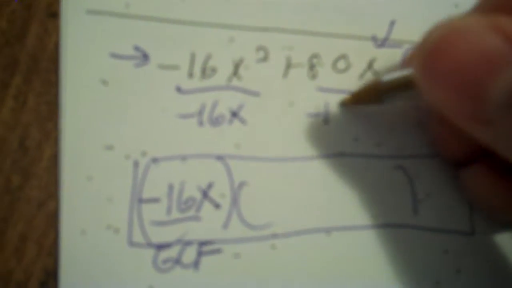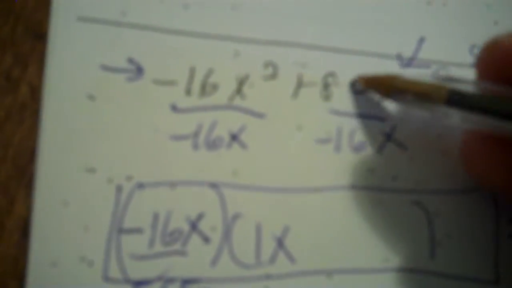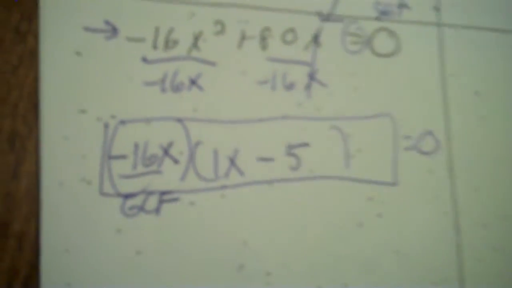Okay, so you divide by negative 16x. So we divide the negative 16 by the negative 16, that's positive 1. X to the second divided by x is always x. Then I take positive 80 and divide it by negative 16. I got negative 5, so that now is going to be written as a minus 5, and then these cancel. Now we're good. So negative 16x times 1x minus 5 equals 0.